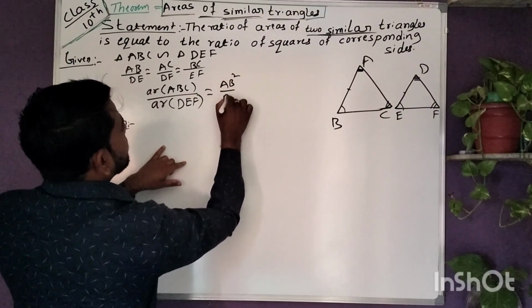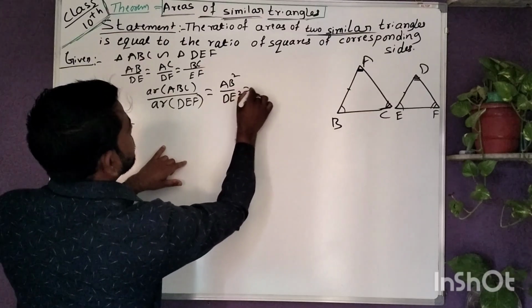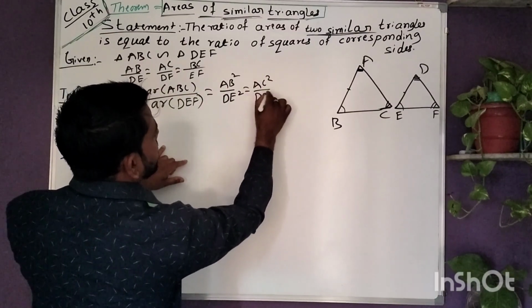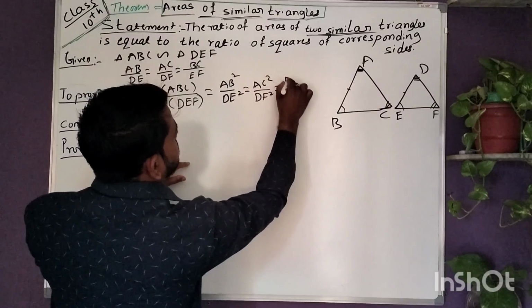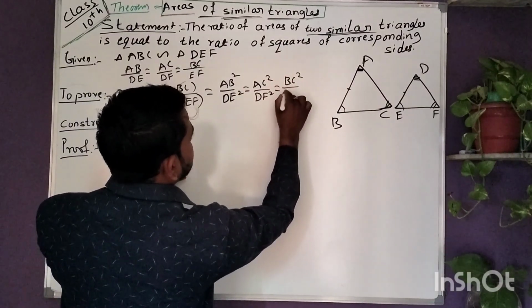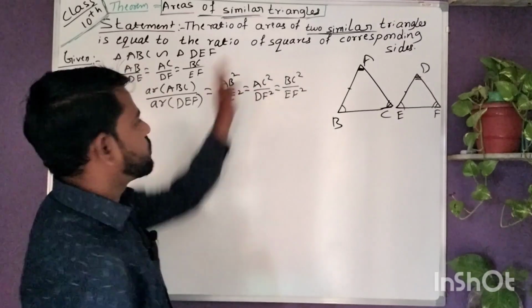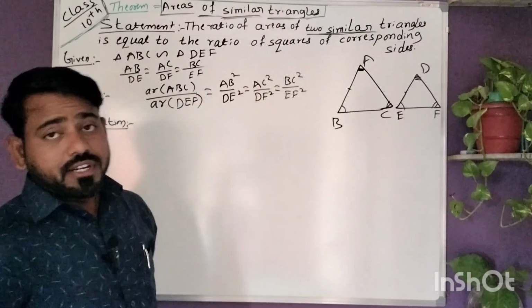That is, AB square by DE square is equal to AC square by DF square and equal to BC square by EF square. This is our to prove, and this is from the statement.